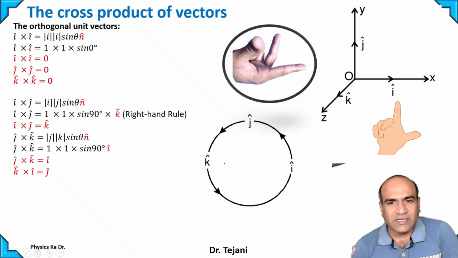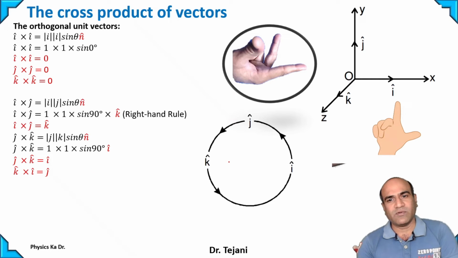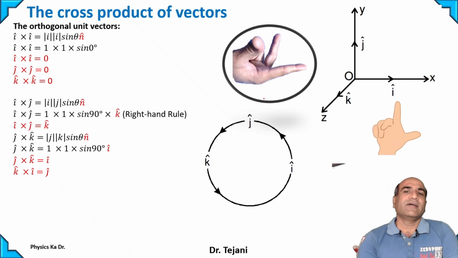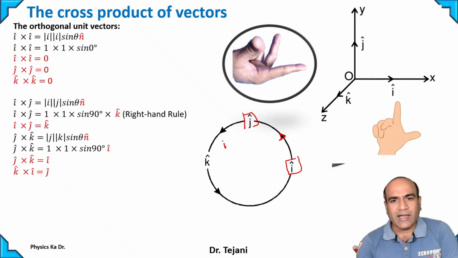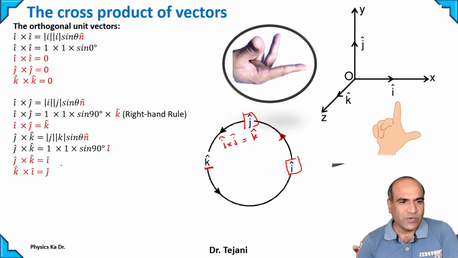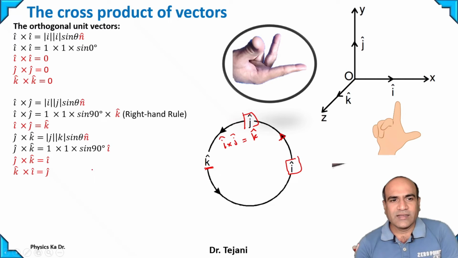See here, if you just want a simplified version, every time we do not need to use the right hand to find the axis. It is very simple. You just draw a circle, with first i, then an arrow, then j, then k. Here we are moving from i to j, so we can show i cross j is equal to the third one, that is k. We already derived this in this case.